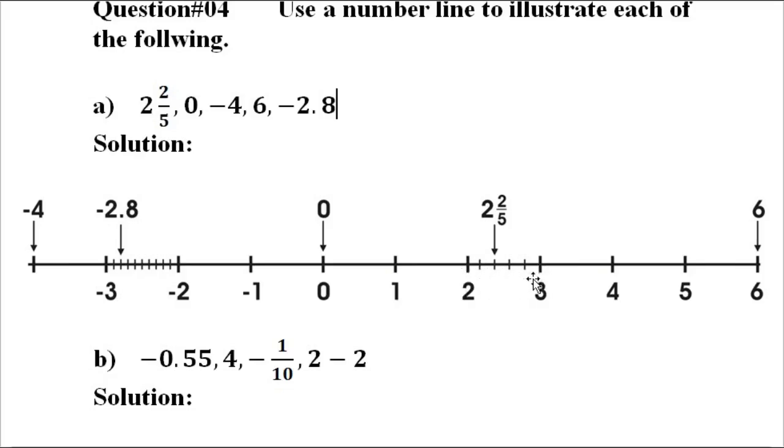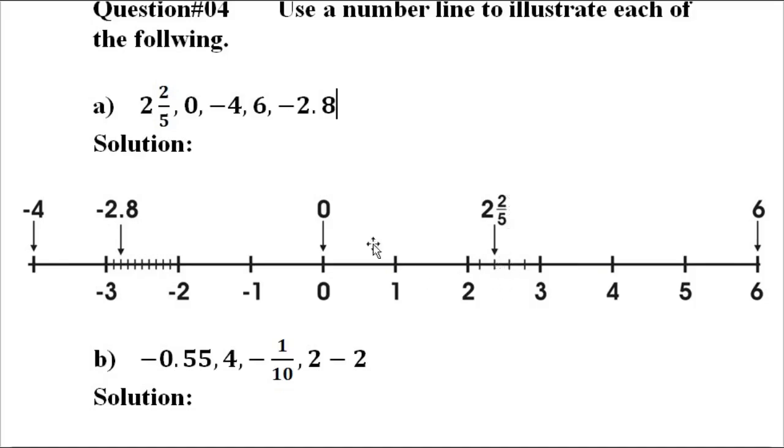I'll divide the space between 2 and 3 into 5 evenly spaced divisions because the denominator of the fraction is 5. There you can see the 5 equal divisions. Since the fraction is 2 upon 5, therefore the correct place for the number 2 whole 2 upon 5 is the small division number 2, as the numerator of the fraction is 2.